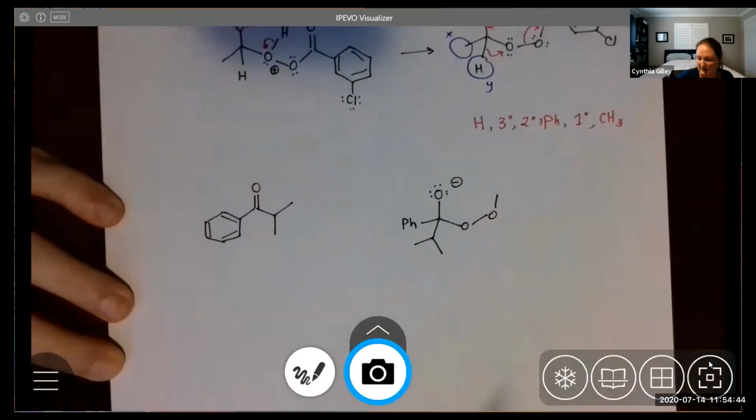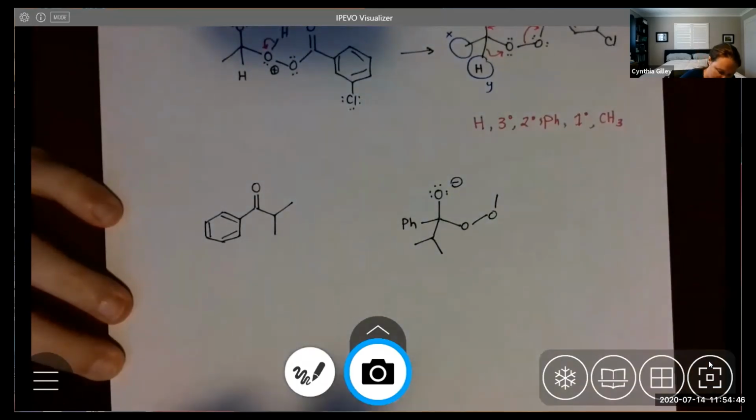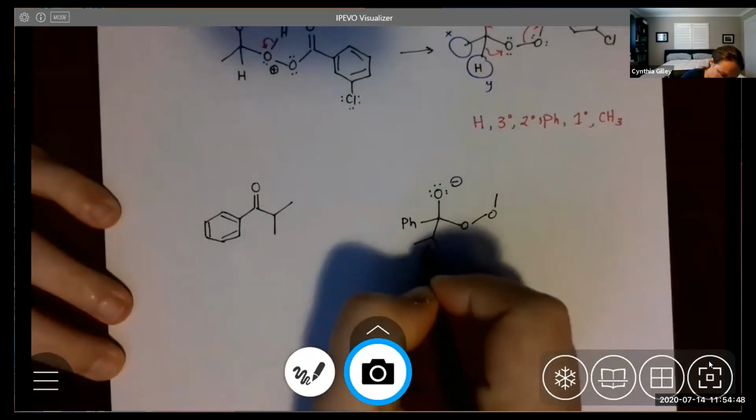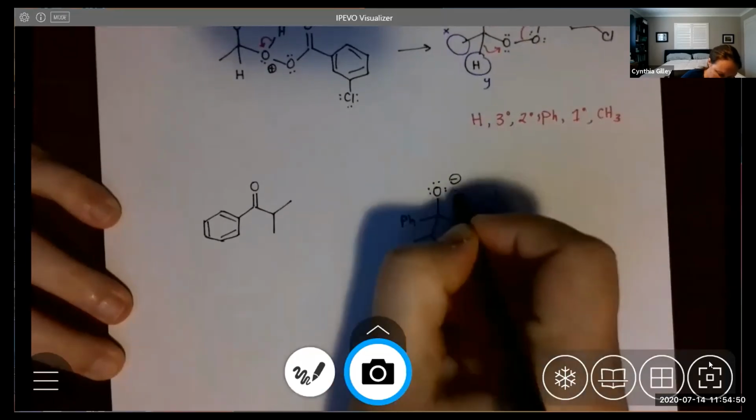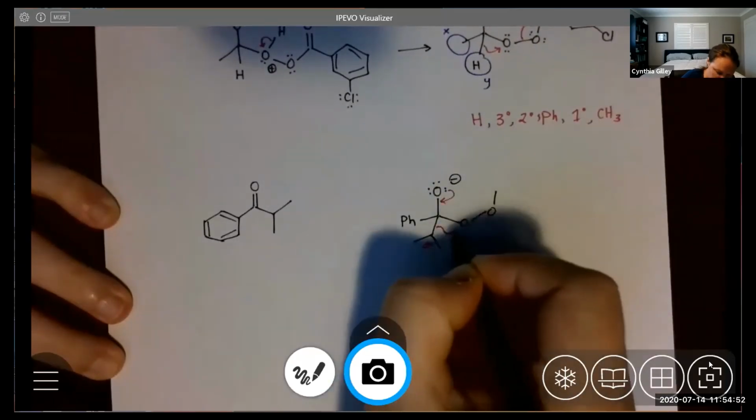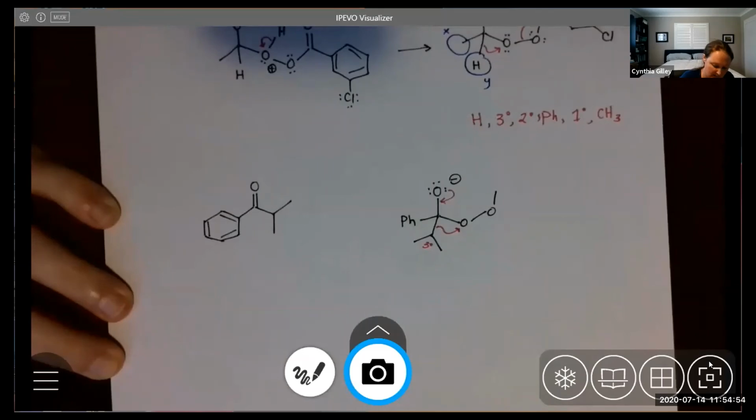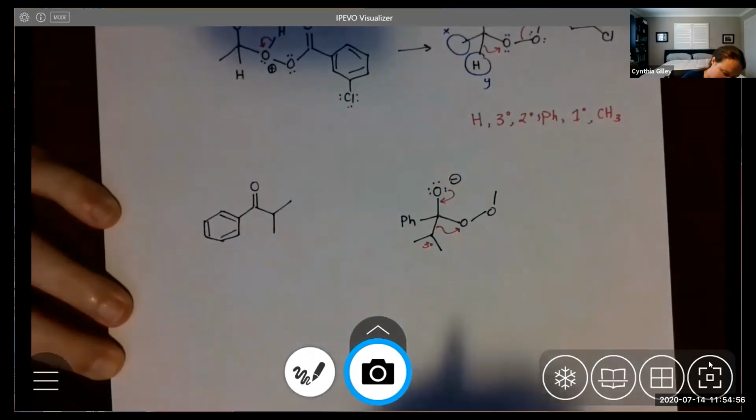So the tertiary carbon migrates faster than phenyl. We would make sure to migrate the tertiary carbon here. Does that make sense?